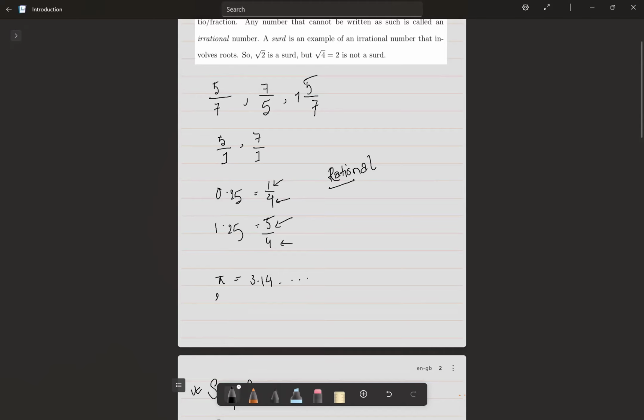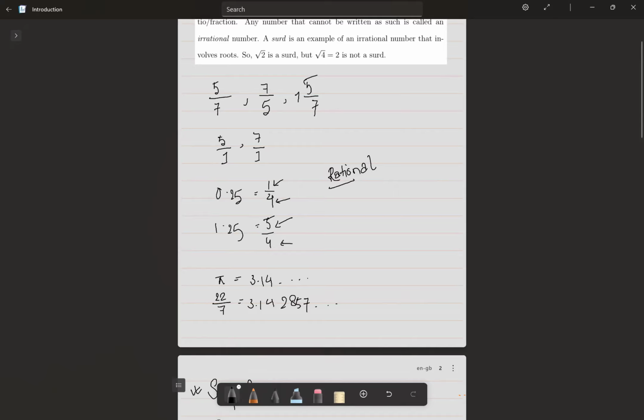We learned in childhood, in class 6 or 7, that 22 by 7 is an estimate of pi. When we calculate 22 by 7, we get 3.142857. If you see, this number is somewhat close to pi, but it is not exactly the same number.